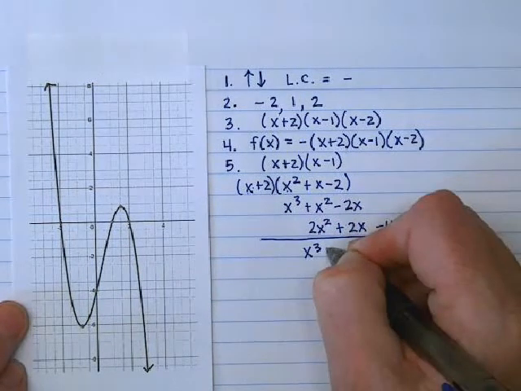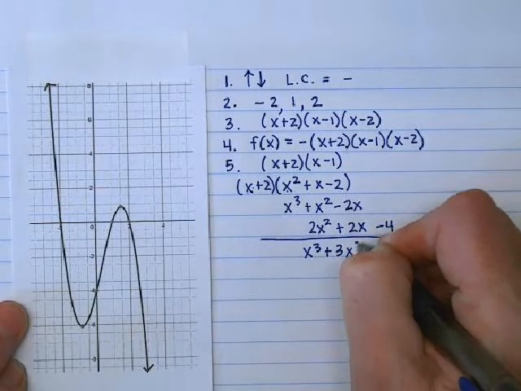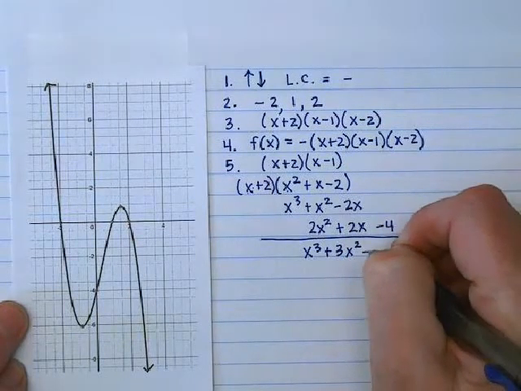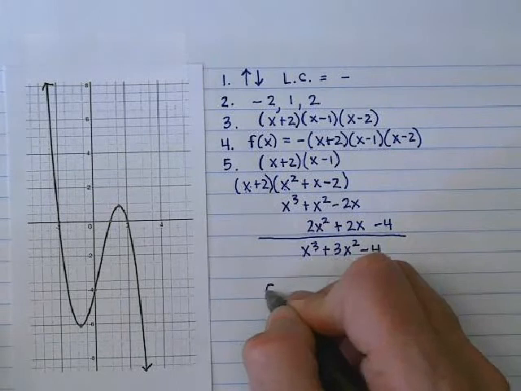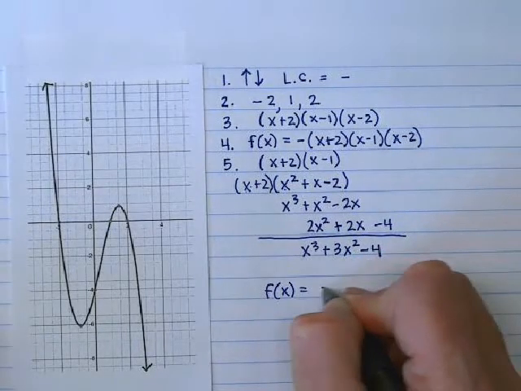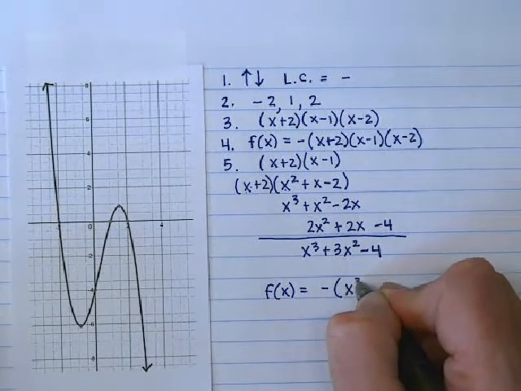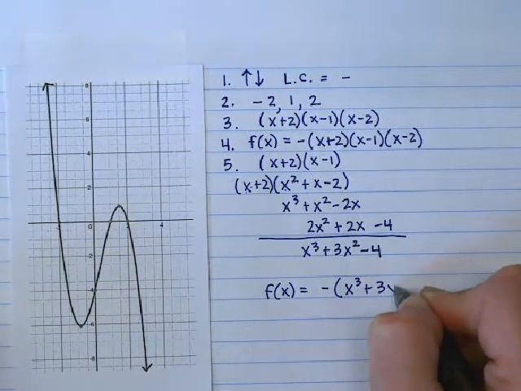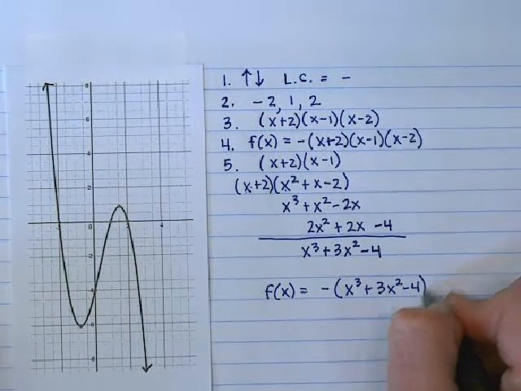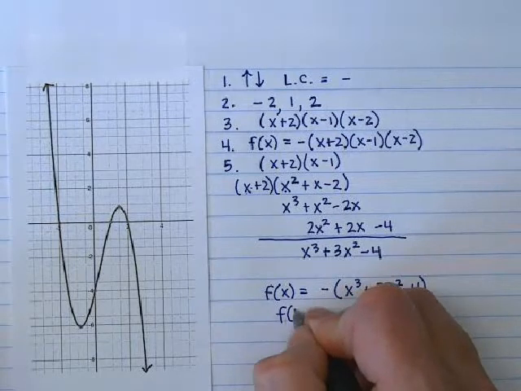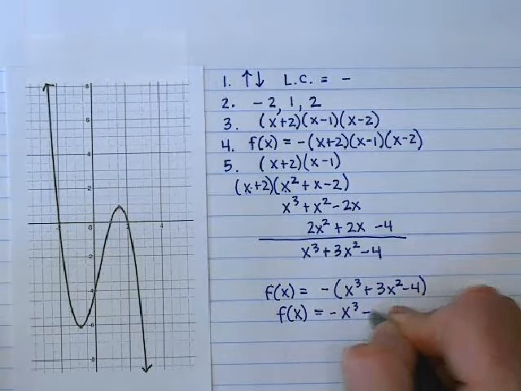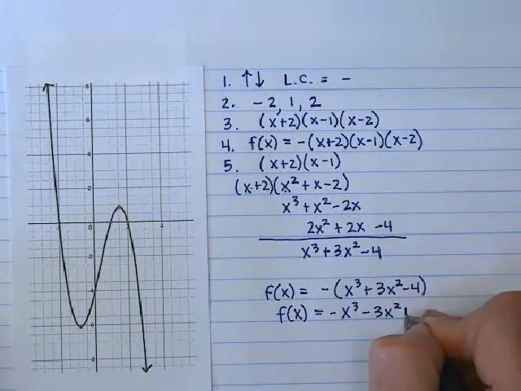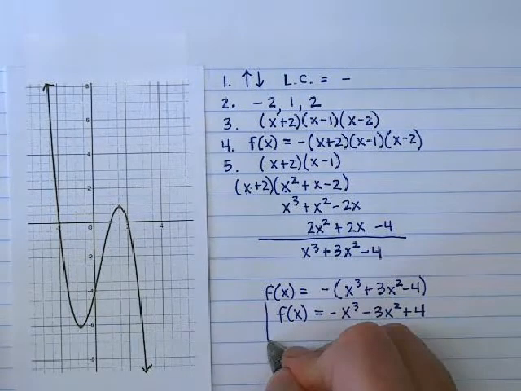So I have x cubed plus 3x squared, no x's, minus 4. I still have a minus that I have to put in. So I have minus x cubed plus 3x squared minus 4. Actually, f of x is negative x cubed minus 3x squared plus 4.